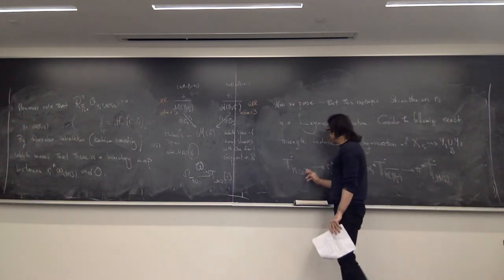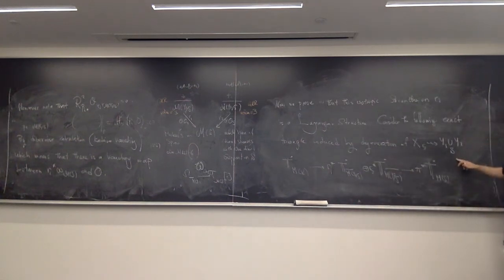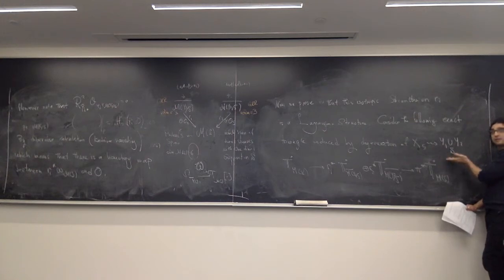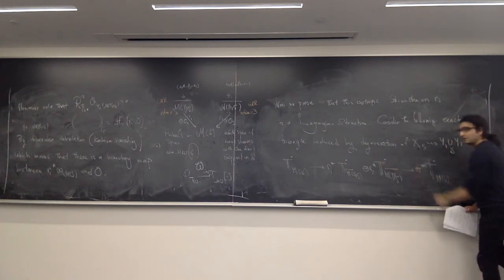You have X degenerating into Y1, Y2 glued along S. X has a tangent bundle, and each one of these has tangent bundles. This degenerating family gets mapped to S: you just project onto the special fiber and then project onto S. So you can pull back the tangent bundle of S and of each one of these, and they satisfy an exact triangle.